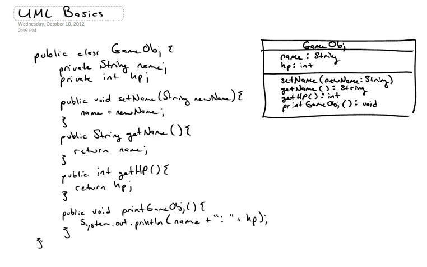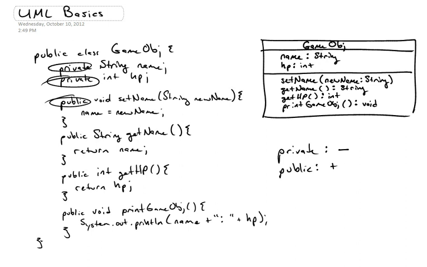Now, I'm going to talk about accessibility here for a little bit, and then I'm just going to end this. So you see these accessibility modifiers. The basic symbols for these: for private, the symbol is going to be a minus sign. For public, the symbol is going to be a plus sign.